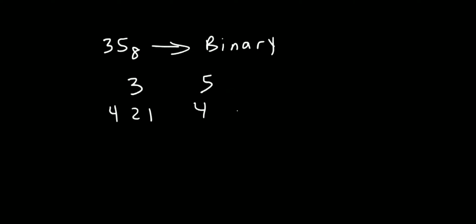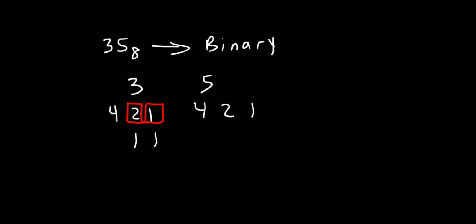Now this is the second example. 35 base 8 we have to change to binary. Again we will represent these numbers in 3 bits, 4 2 1 and 4 2 1. How will we get 3?